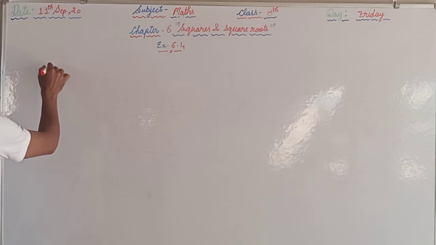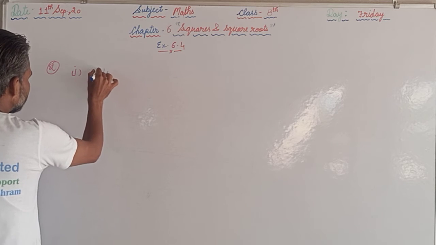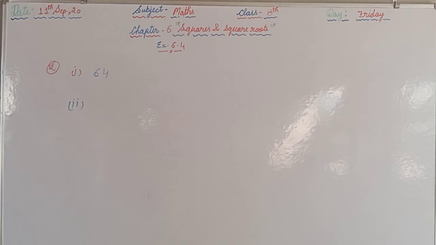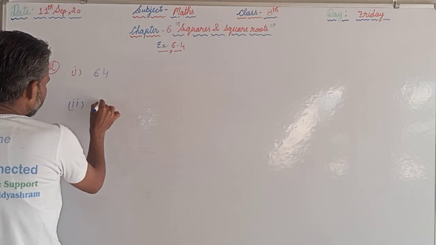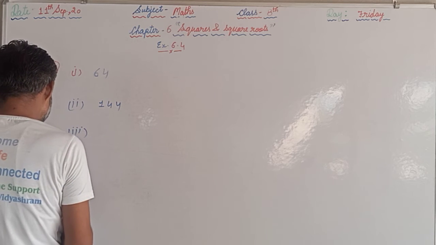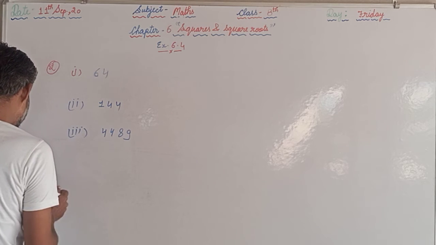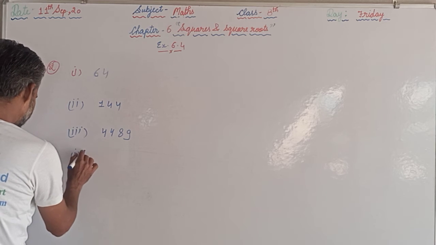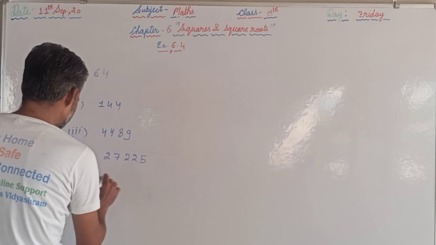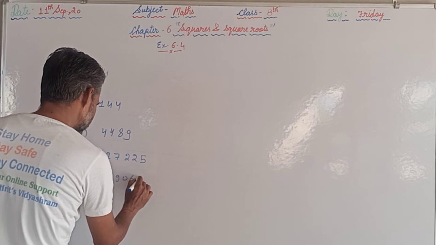The first part is 64, the second part is 144, the third part is 4489, the next one is 27225, and the last one is 390625.